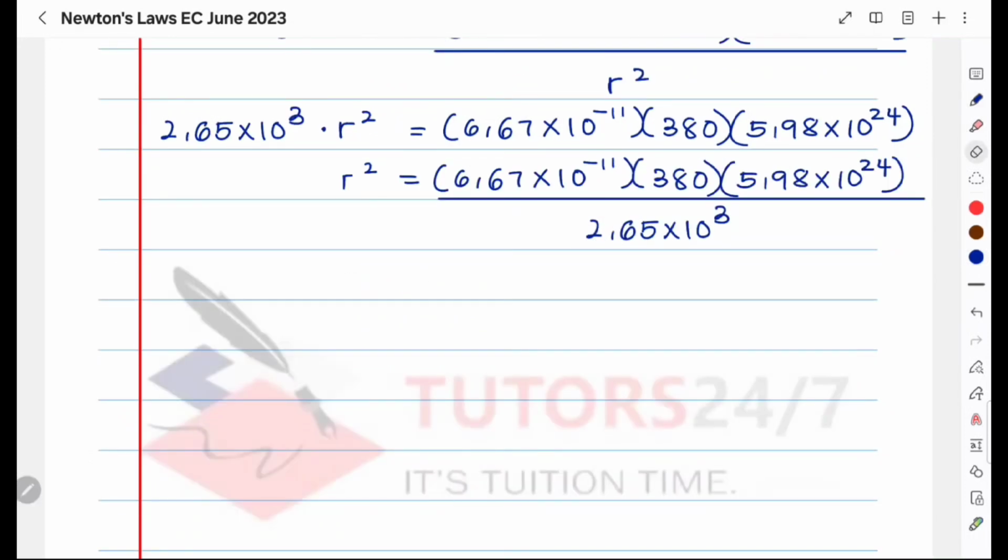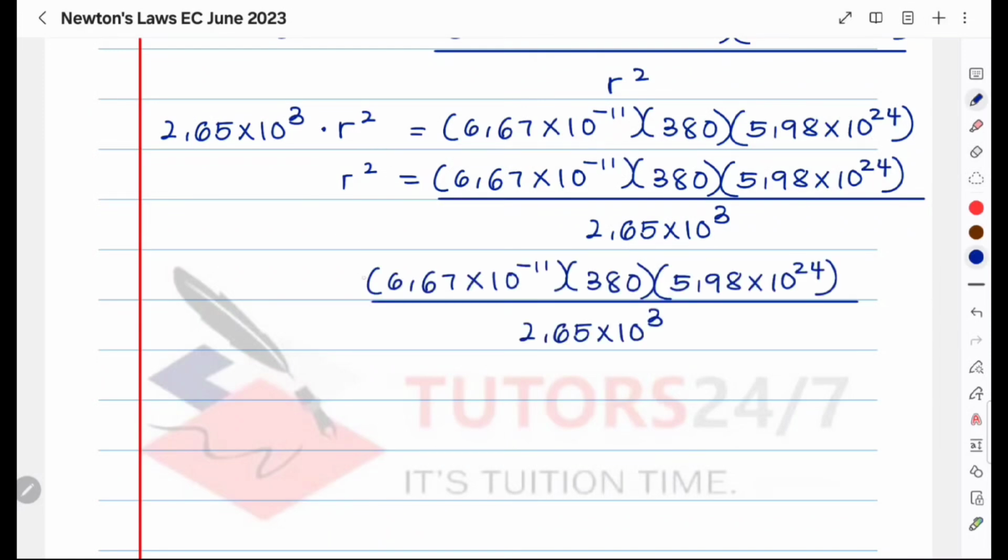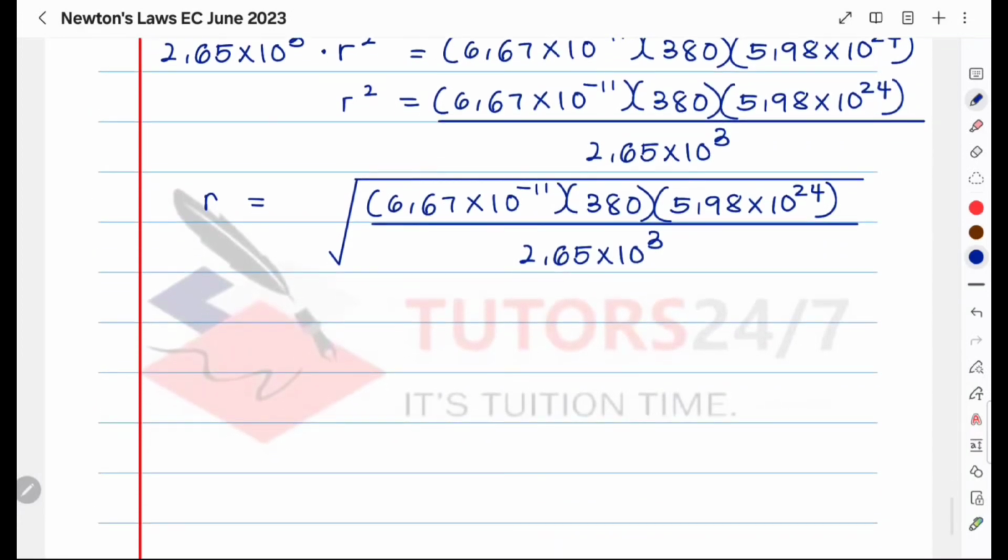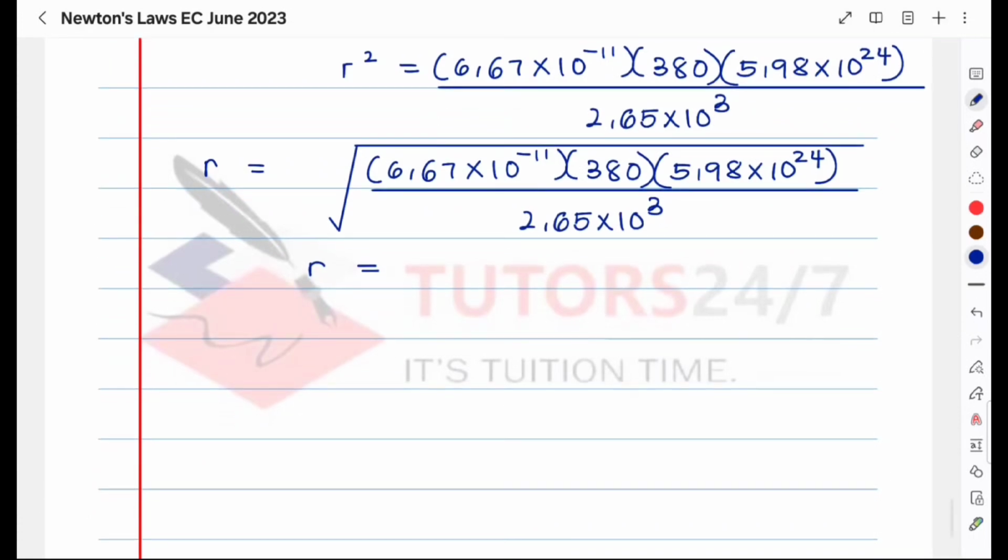Keep in mind, we need to get rid of the squared on r, so we square root both sides. From here, all we need to do is put this into our calculator, and we end up with r, the distance from the center of the Earth to the satellite, as equal to 7.56 times 10 to the power 6 meters.